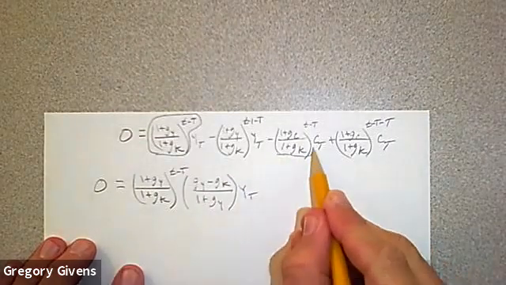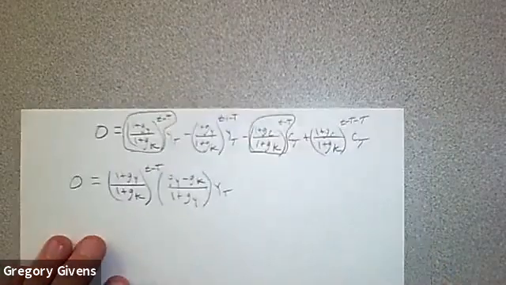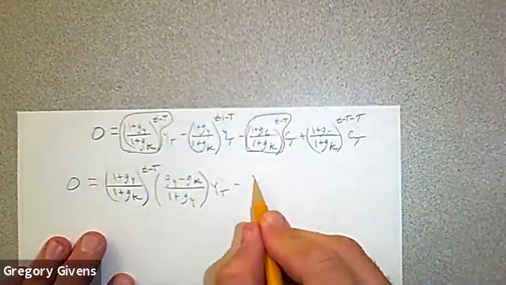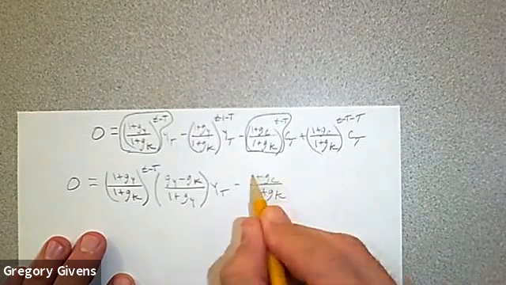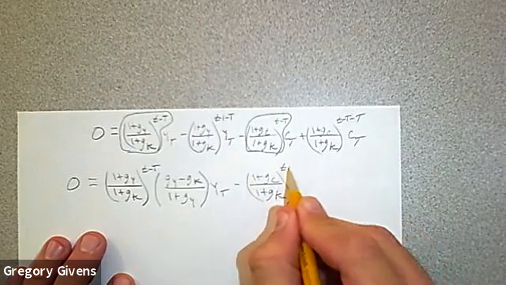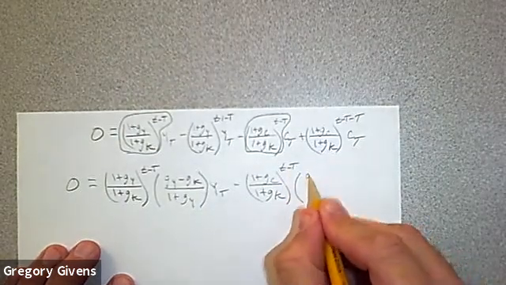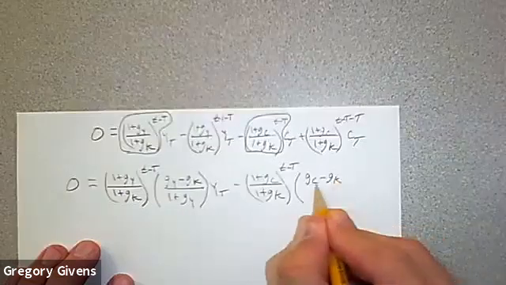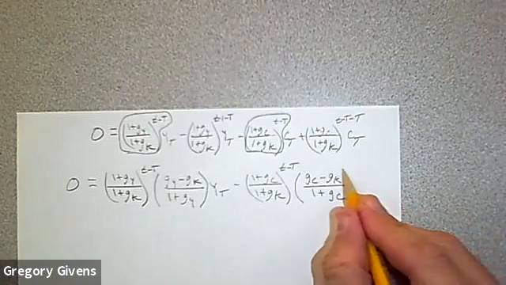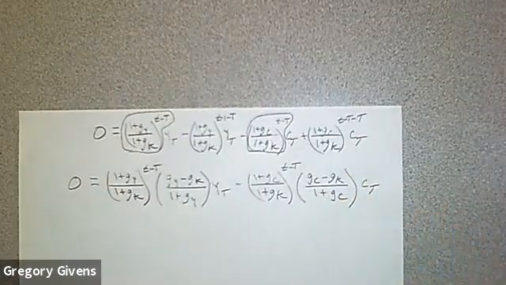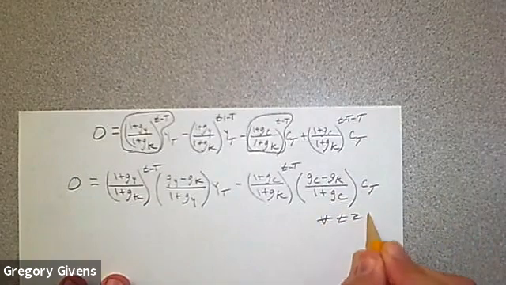You can group the same type of terms that are attached to these consumption values. So minus 1 plus gc over 1 plus gk raised to the t minus cap t times gc minus gk over 1 plus gc times c cap t. This must hold, again, for all t bigger than or equal to cap t.